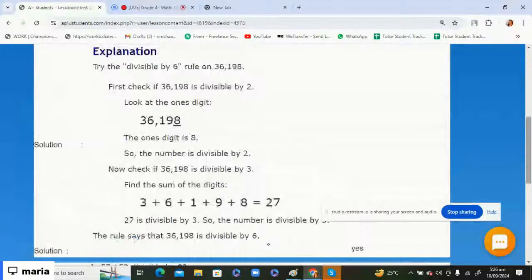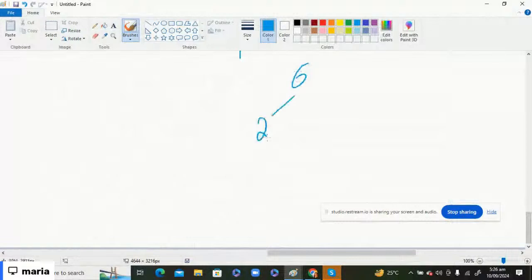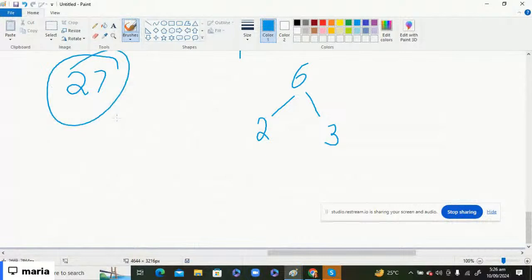Look at here. First of all, finding the multiple of that bigger number. 2 times 3 is 6. When you add the number, that is 27. So 3 times 27 is closer. 3 times 9 is 27. Yes, so this is divisible.